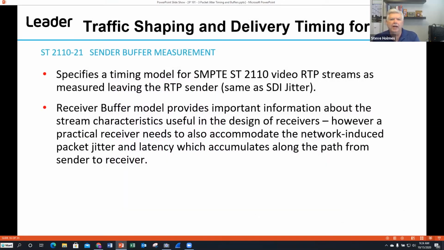The other piece here that we need to know about is, just like jitter looks at the output of a transmitter in SDI, the sender buffer modeling looks at how the performance is coming out of transmitters, and whether or not I'm sending data right out of my transmitter that's already really jittery and going to give me problems right off the bat.